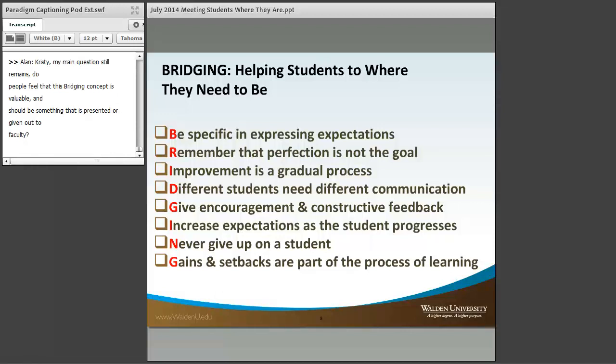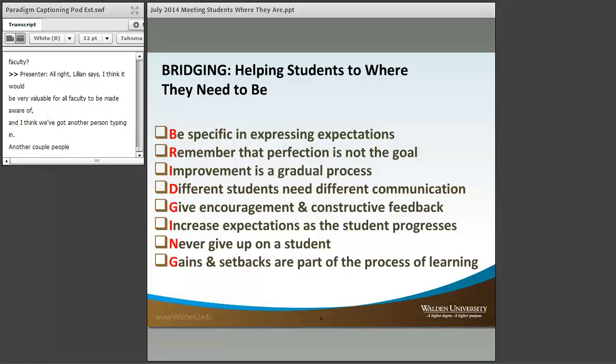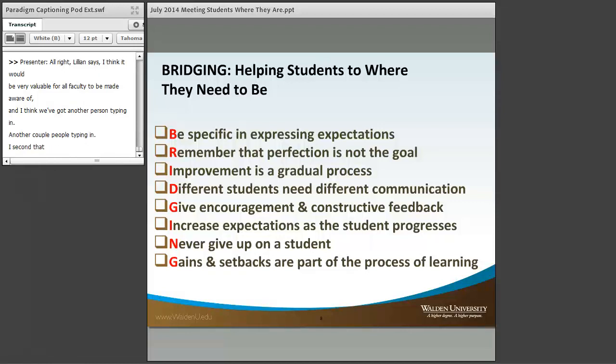All right, Lillian says, I think it would be very valuable for all faculty to be made aware of, and it looks like we've got another person typing in. Another couple people typing in. I second that. Yes, it's clear and articulate.